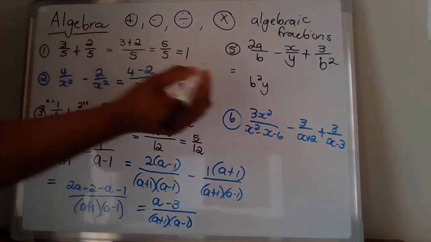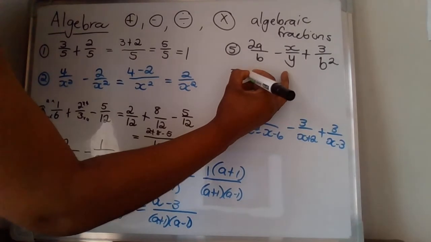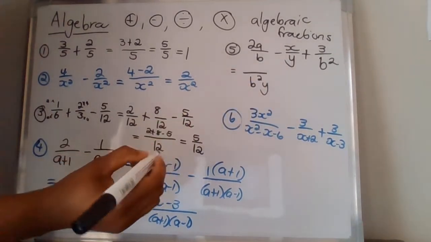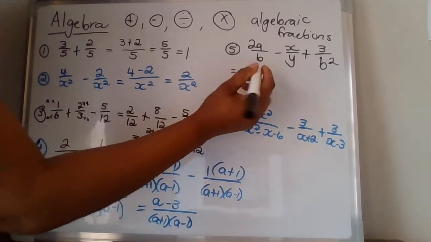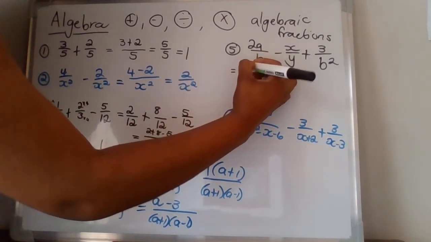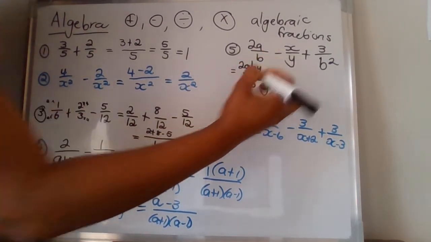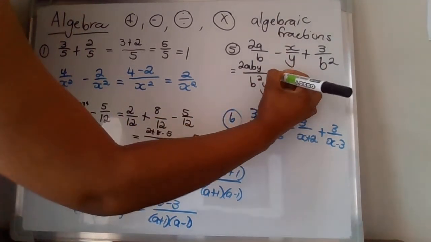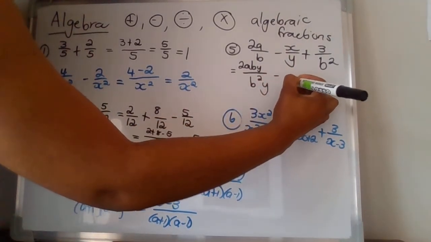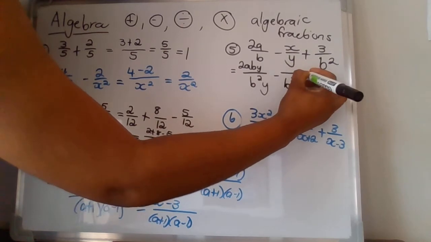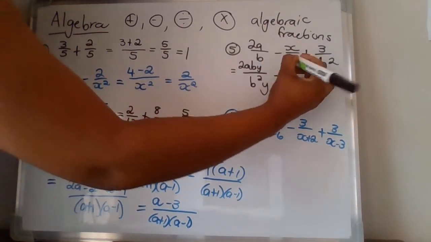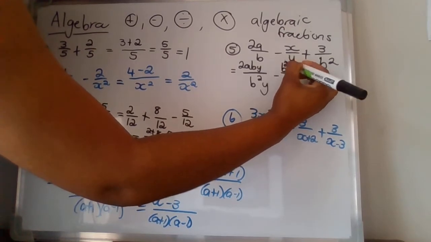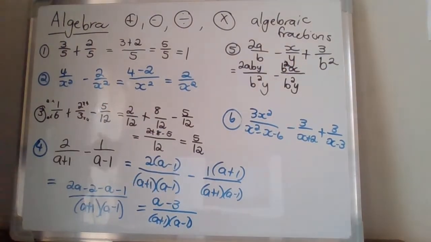All right, which then tells me that the bottom part here, this one here, I multiplied it by by. So then I must multiply 2a by by as well. The next one over b squared y. All right. What did I do to my y? I multiplied it by b squared, which means the top here must also be multiplied by b squared.